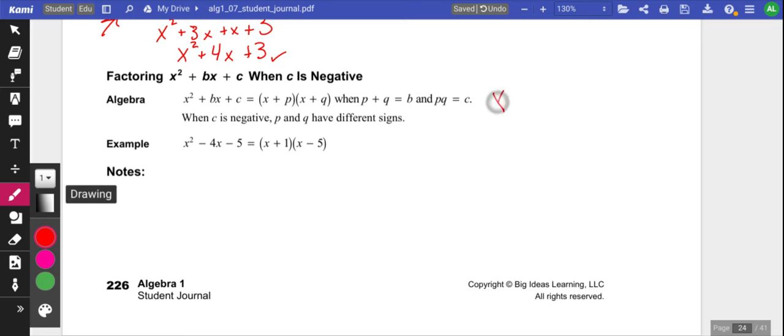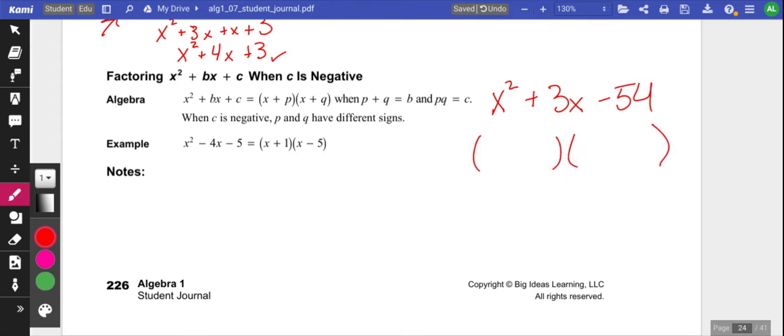Say I have x squared plus 3x minus 54, right? Again, I'm always thinking I've got these two binomials I'm going to use. Let me draw my x to come up with my numbers.